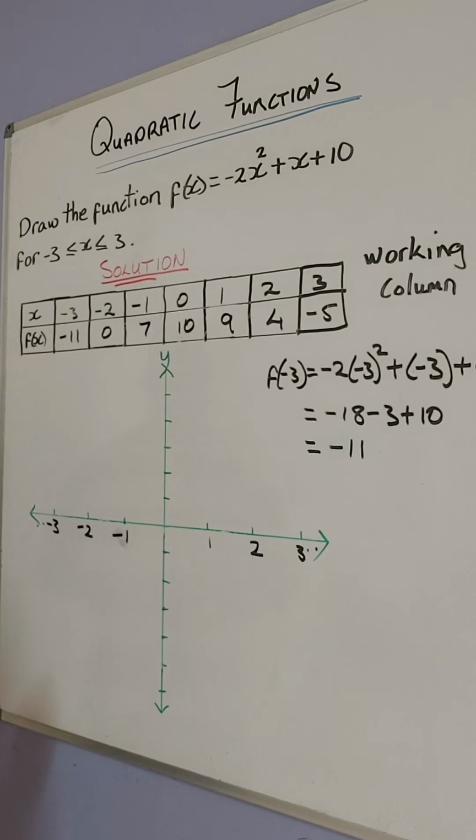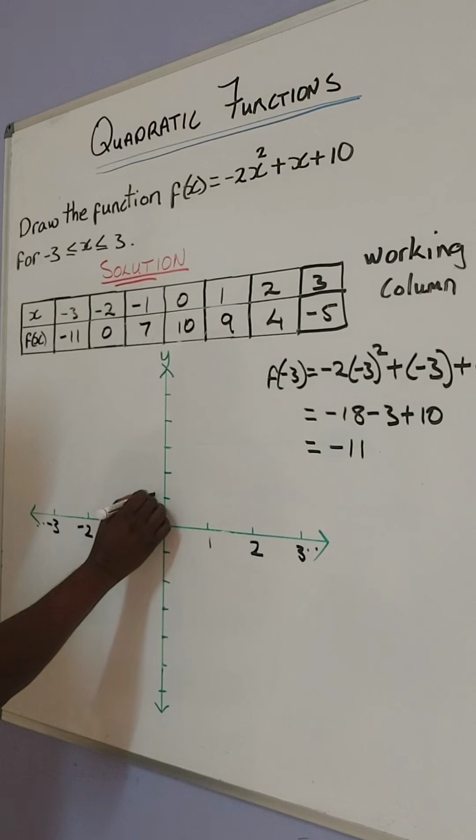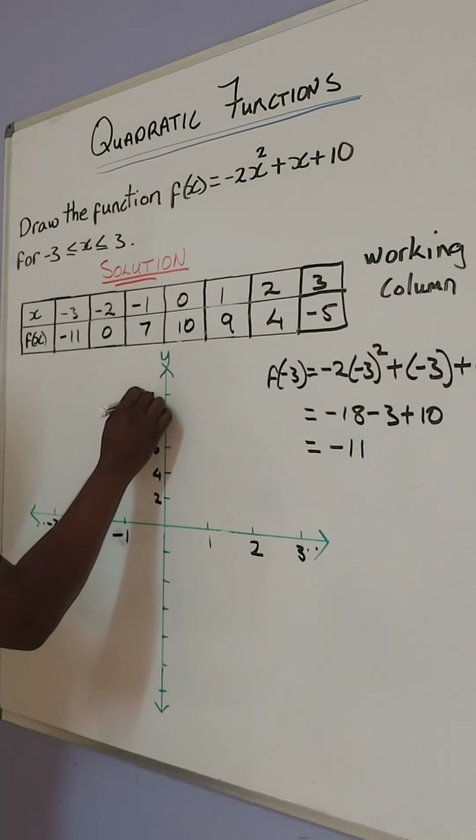On the y-axis, I will be using the scale of 1 centimeter to represent 2 units. So if from here to here is 1 centimeter, this will represent 2 units. So this will be 4, 6, 8, 10.